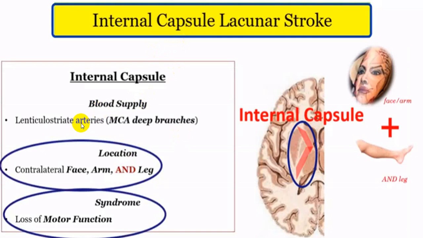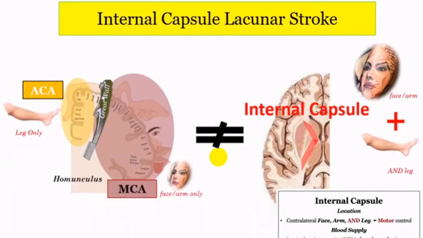So when the lenticulostriate artery is involved, you will have face, arm and leg getting involved on the opposite side. Motor function is involved. Plus, you might even have sensory loss. So it is both combined involvement. So you will have dense hemiplegia with hemisensory loss, that is hemianesthesia.